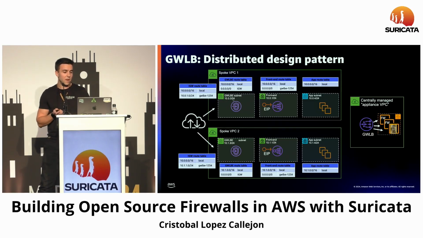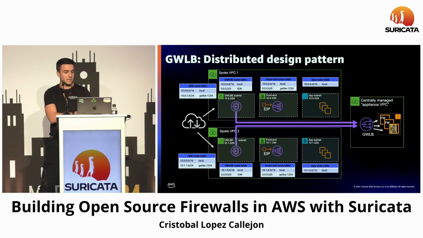Once it reaches the gateway load balancer endpoint, what it's going to do is send the traffic automatically to the different instances that we have running the Suricata firewall in this case. That can be even in these VPCs, or it can be in a different VPC, in a different AWS account, so we have the flexibility to set the inspection wherever we want to.